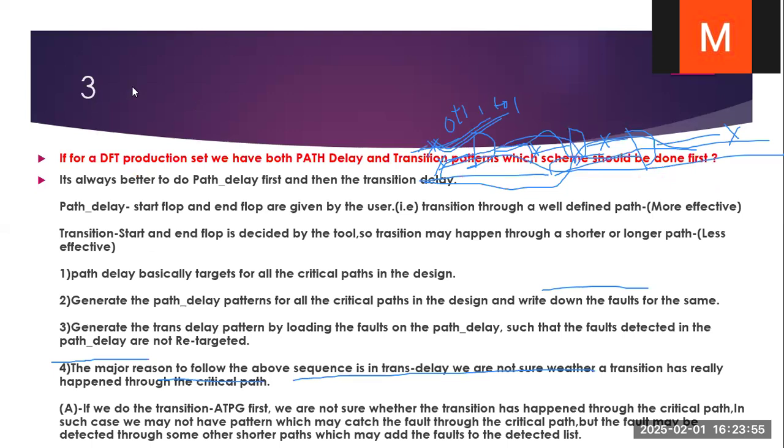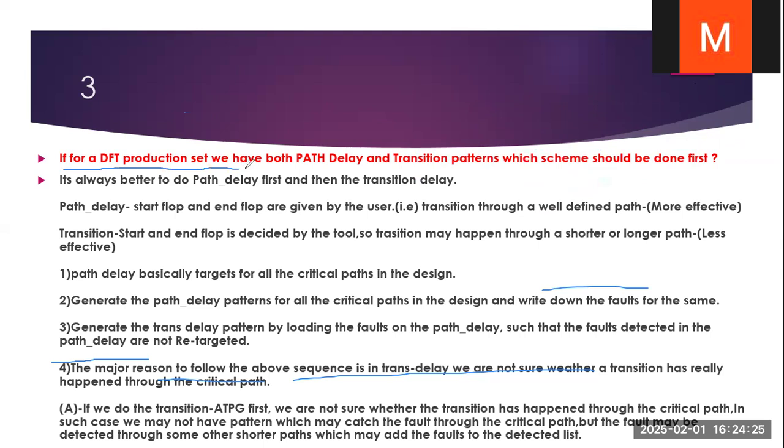Next question is, if for a production set we have both path delay and transition delay patterns, which scheme should be done first?